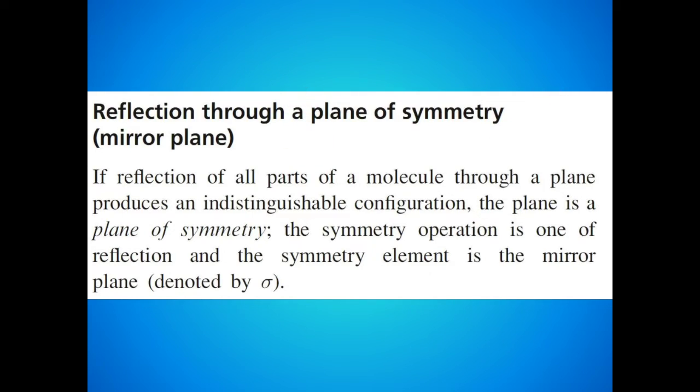You take any molecule and pass a plane through it, and if the two halves on either side of the plane are the same, then you call that plane a plane of symmetry. We will see in further slides that planes of symmetry are of two types, horizontal planes and vertical planes. Horizontal planes are denoted by sigma h and vertical planes are denoted by sigma v.